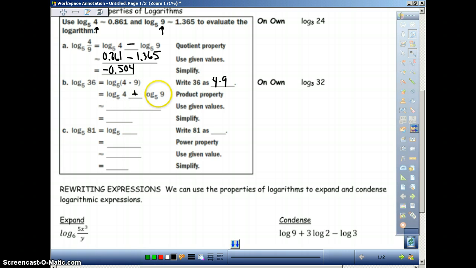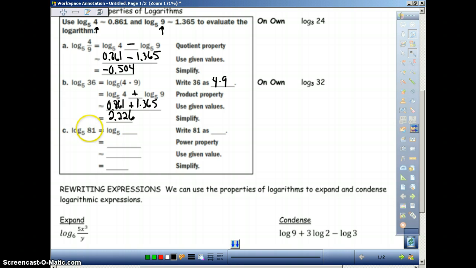So we have 0.861 plus 1.365, and that is equal to, add those up, and we get 2.226.